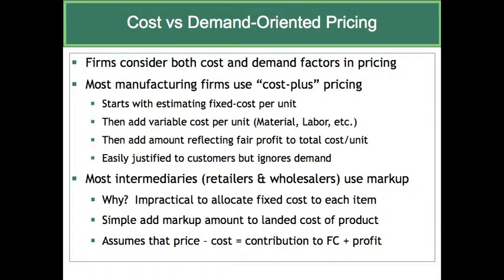So rather than attempt to do that, they simply add a markup amount to the landed cost of each of their products. And this markup amount added to the landed cost equals the selling price. This assumes that the price minus their cost equals an amount reflecting not only the item's contribution to fixed cost, but also a fair profit. So that's the markup approach.